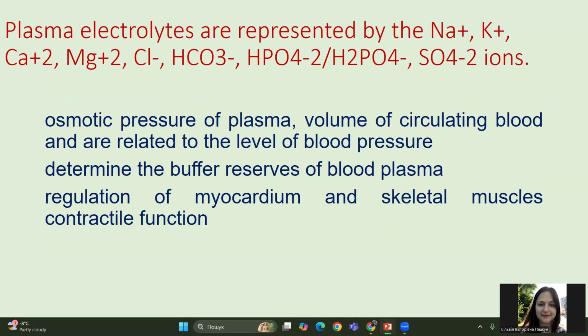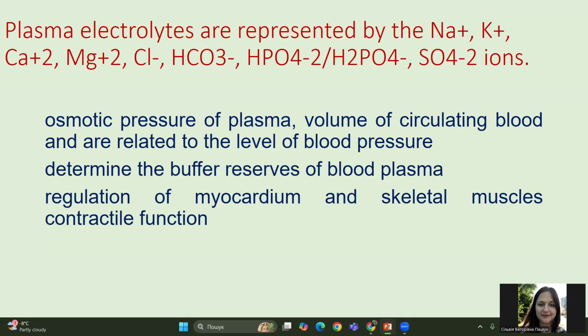The next component of the blood plasma is electrolytes. They are represented by sodium, potassium, calcium, and other electrolytes. Mainly they are responsible for the maintenance of the osmotic pressure of the plasma, which provides movement of fluid between the vessels and the intercellular space, so to the tissues.